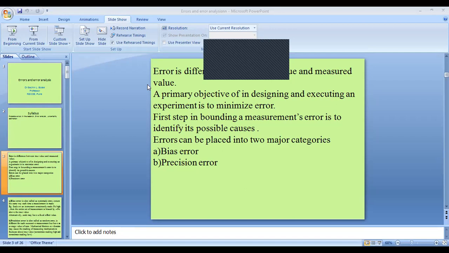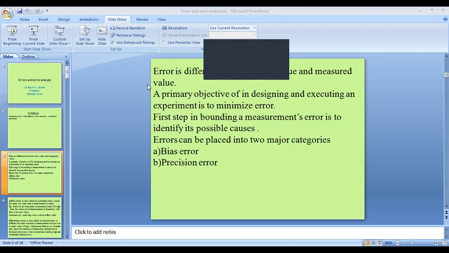So bias errors are very systematic, so we can identify it and we can eliminate it. Like here, the 5% offset we can eliminate by mechanical means or some adjustment.